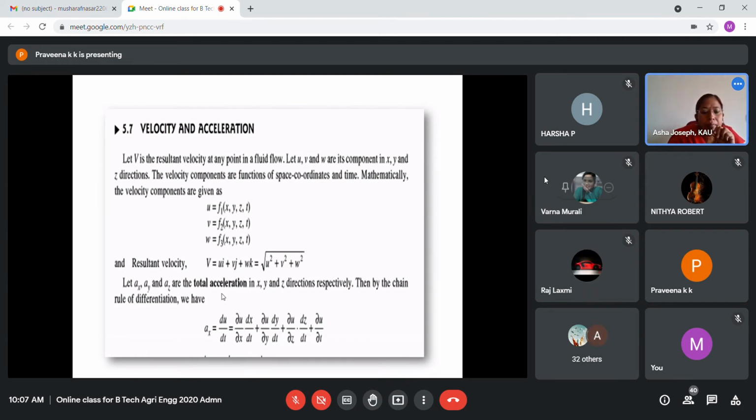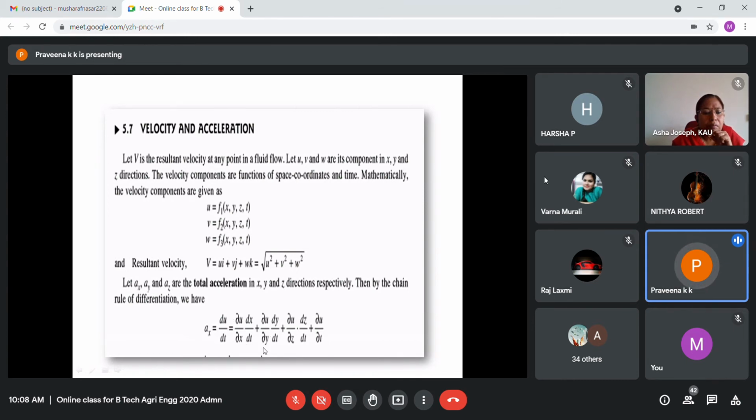Next we are going to determine the total acceleration. For that, let ax, ay, and az be the total accelerations acting in the x, y, and z directions respectively. Then by the chain rule of differentiation, which you have also studied in plus one, plus two classes, ax will be equal to du by dt.